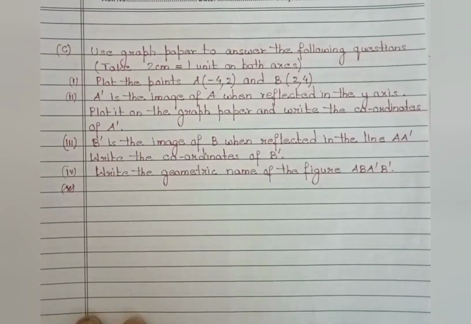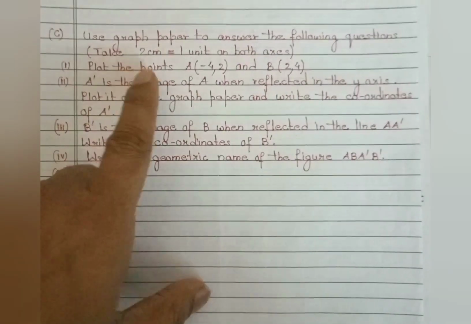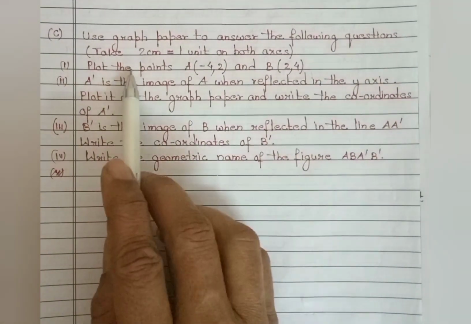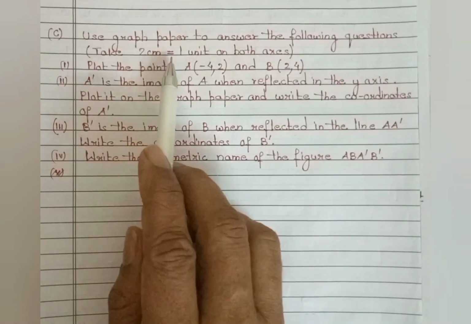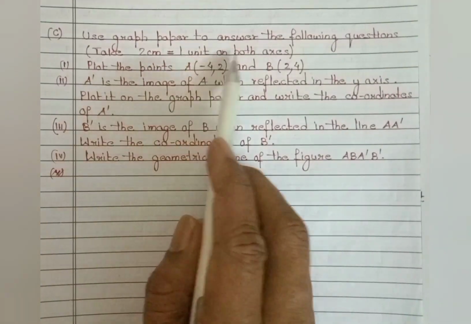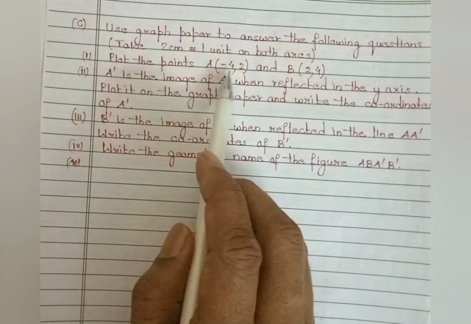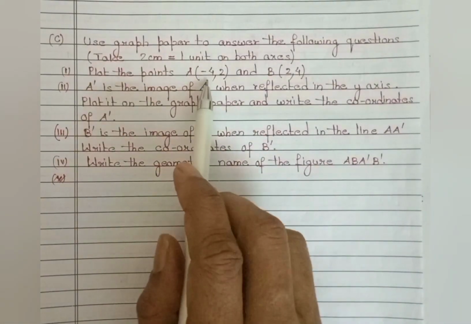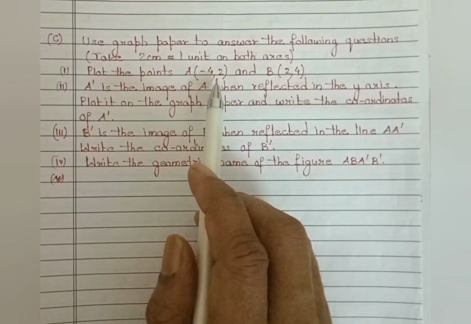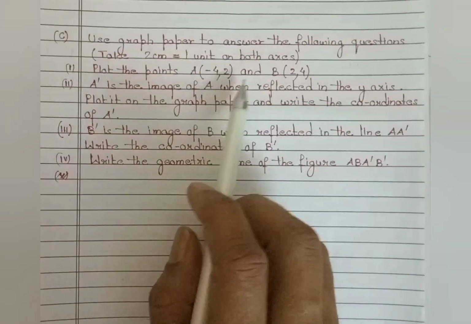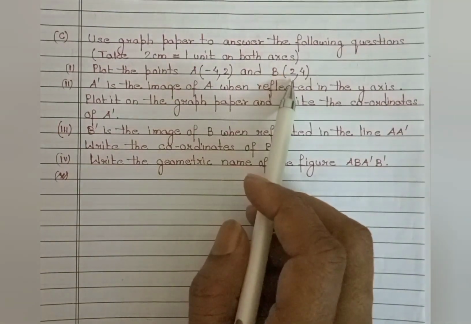Okay, now in this question they are saying use the graph paper to answer the following questions, and we have to take 2 centimeter equal to 1 unit on both the axes. The first part: we have to plot the point A, which is minus 4 comma 2, and we have to plot B, that is 2 comma 4.